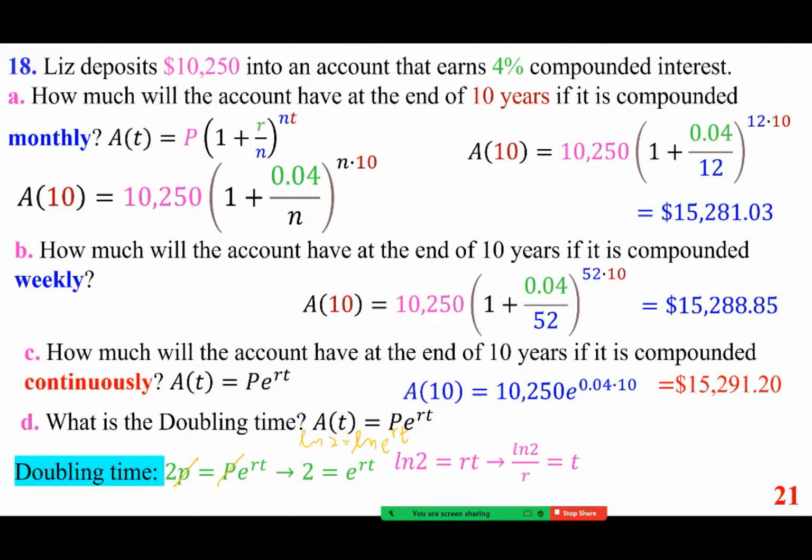Therefore, if you're solving for t, divide both sides by r. t is ln2 over r, and we know r to be 0.04. So that's all we need, the value of r, and it takes a little bit more than 17 years.